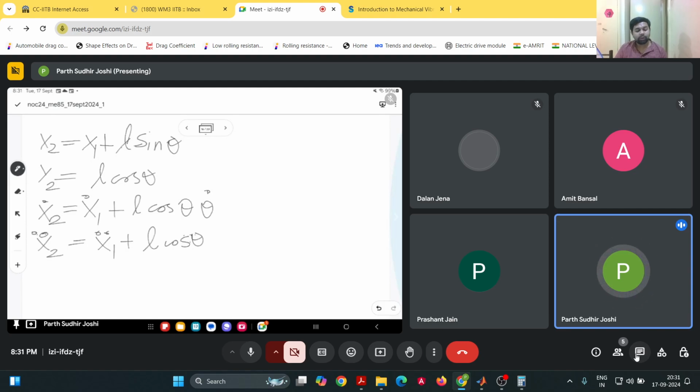So the next term, L cos theta into theta double dot, minus L sin theta. Again, the derivative of L cos theta is minus L sin theta into the derivative of theta with respect to time, and there is already a theta dot term here, so it will basically be theta dot square.